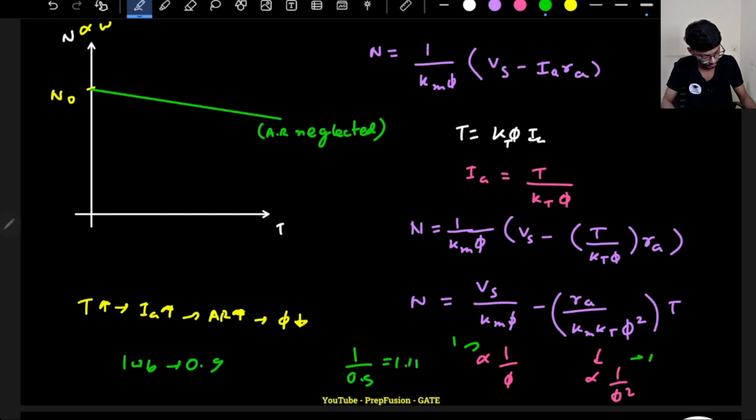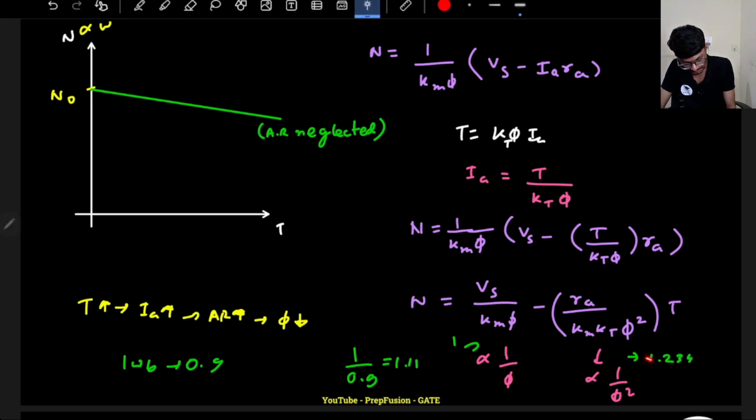And here, 0.9 whole square in inverse is 1.234. So you see, the increase in this term is much higher because it is phi square.